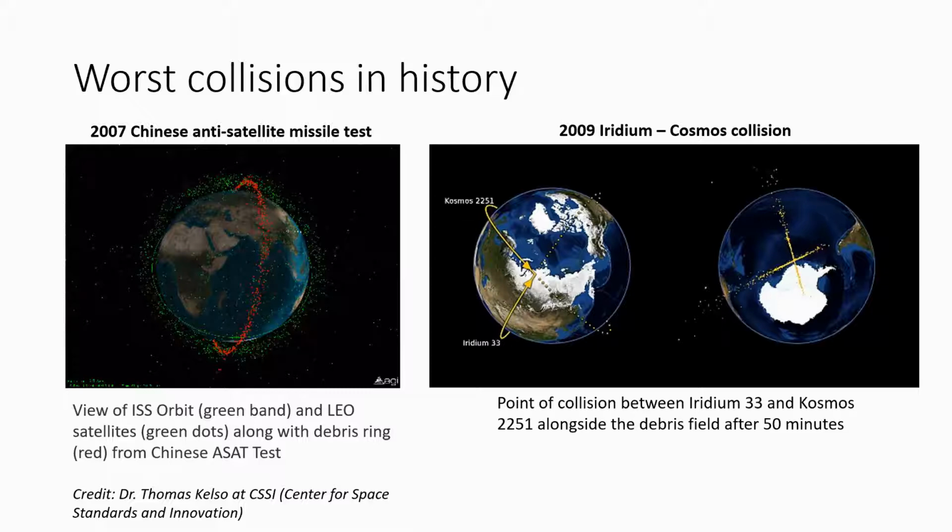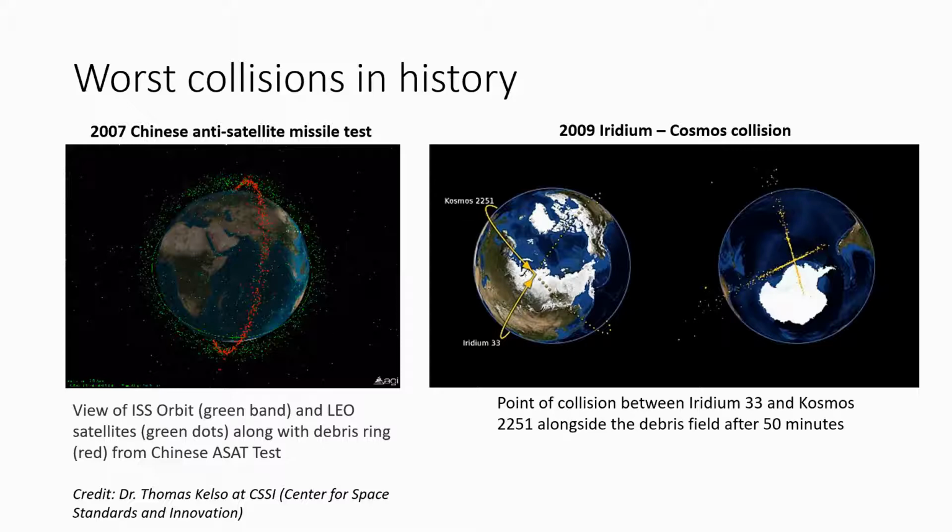This second one was an unintentional collision between a communication satellite owned by Iridium Corporation, which was an active satellite, and a Russian military satellite, Cosmos, which was actually not functional at the time.